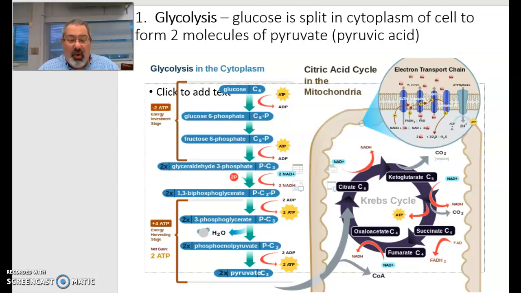So once pyruvate is formed, it will then be transported into the mitochondrion if oxygen is present. If oxygen is absent, then further steps called fermentation may occur.